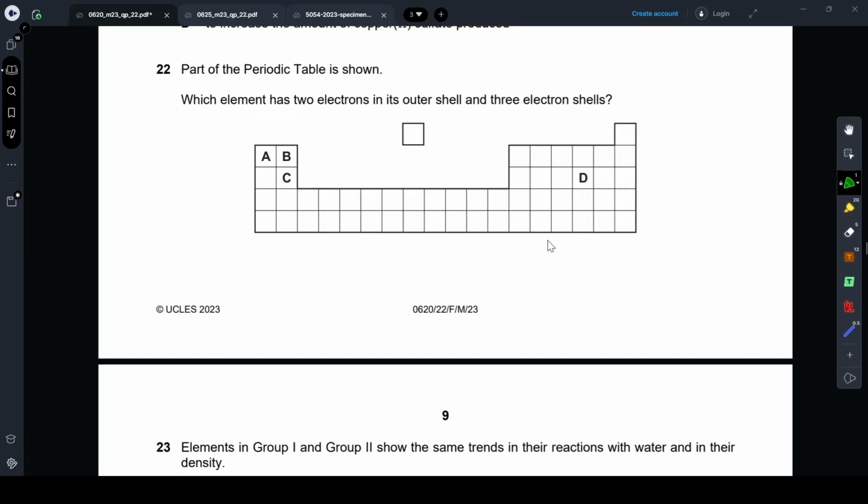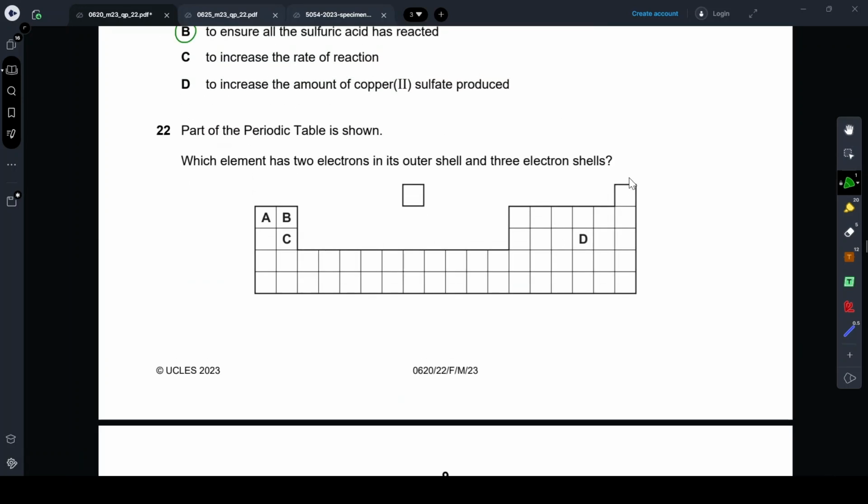All right. So part of the periodic table is shown. Which element has 2 electrons in its outer shell and 3 electron shells? C. Yes.